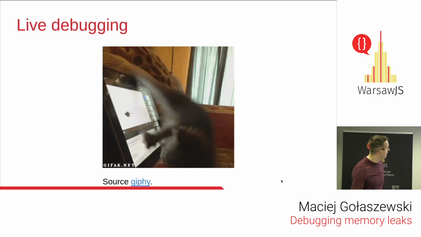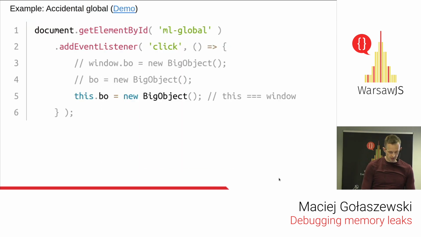So let's go to some live debugging and see some demos. This is the first example of a memory leak: the accidental global. You can create a global variable by assigning something to window, but also by assigning without writing any const or var.